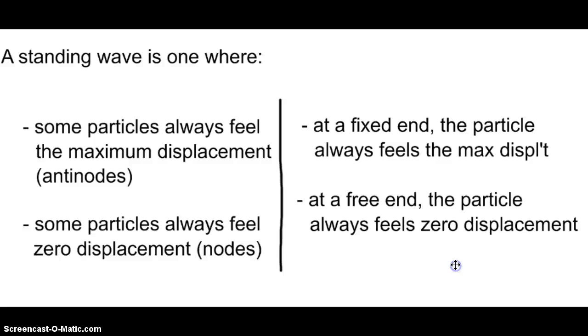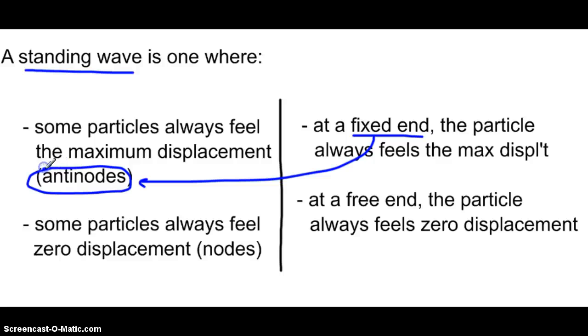And at a free end, that particle eventually feels the maximum displacement. So, if you want to produce a standing wave on a medium with fixed and free ends, then the fixed end, which feels zero displacement, will be a node. And the free end, which feels maximum displacement, will be an antinode.